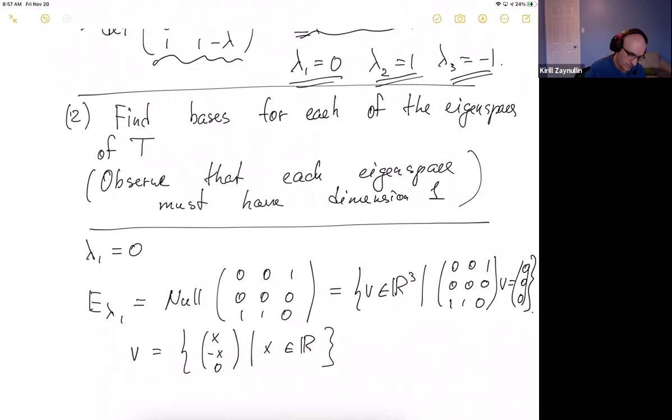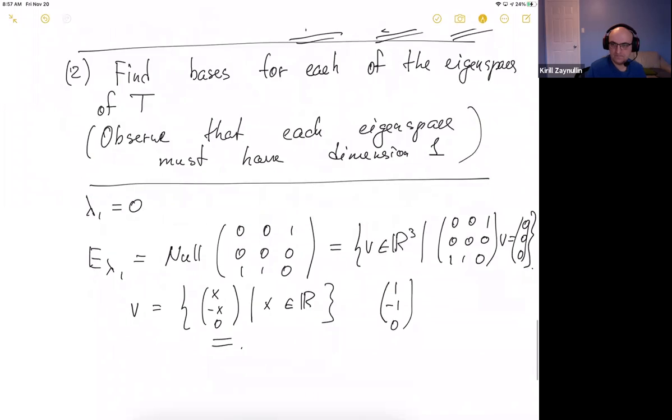And I see that the basis vector here is 1, minus 1, 0. So this is a whole set of solutions, and I can take as a basis vector V1 to be just 1, minus 1, 0. But don't forget that this is a polynomial, so we must still express it as a polynomial. This corresponds to 1 times 1 plus minus 1 times t plus 0 times t squared, which is 1 minus t.